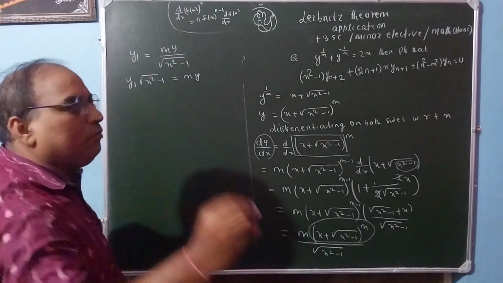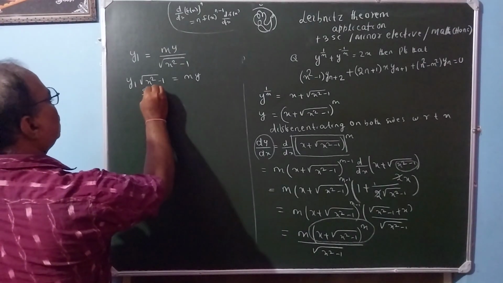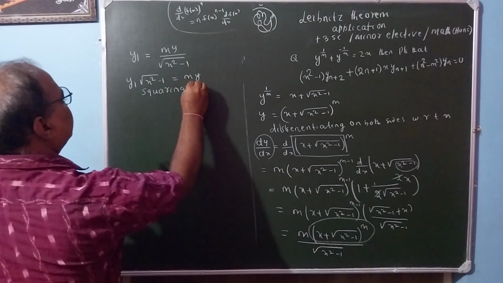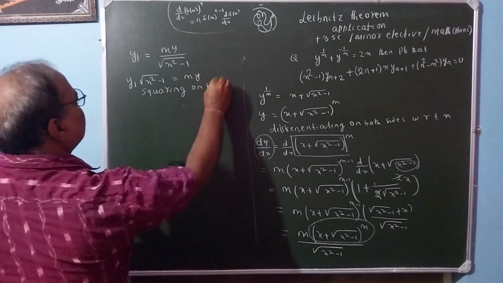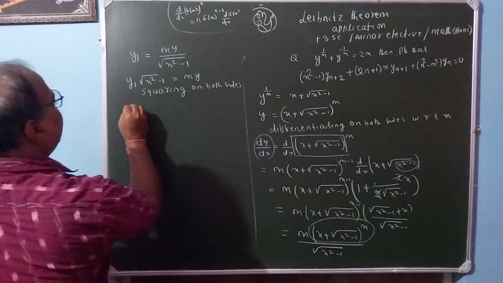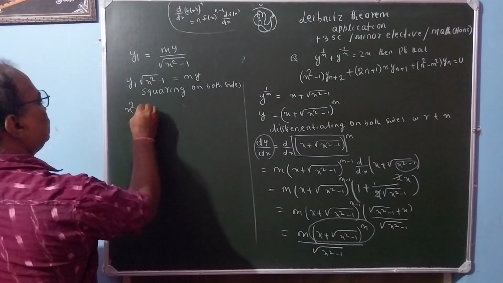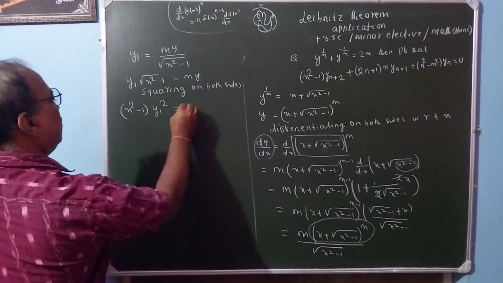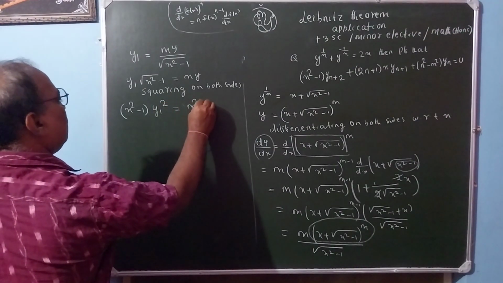Now squaring on both sides. Squaring on both sides. Here it is x square minus 1, y1 square is equal to m square y square.